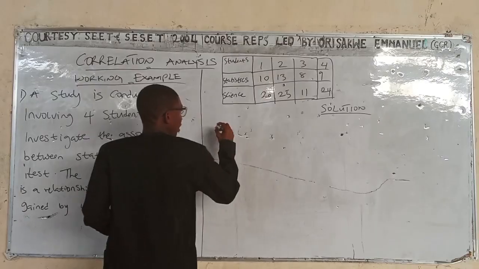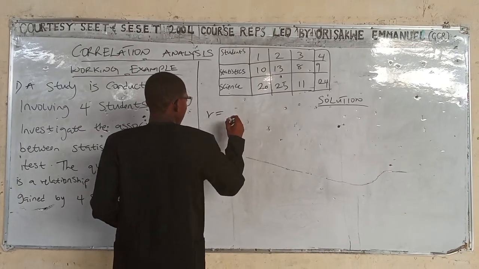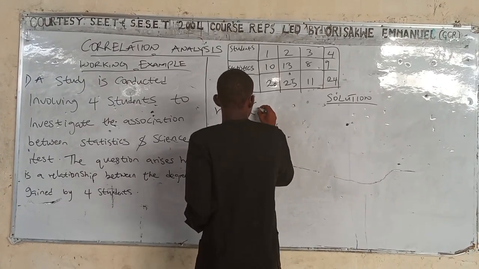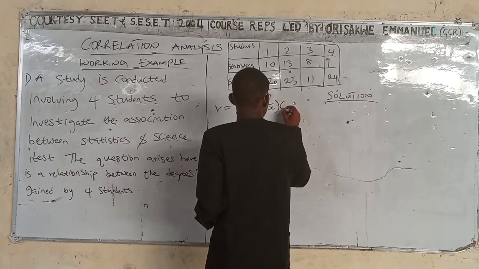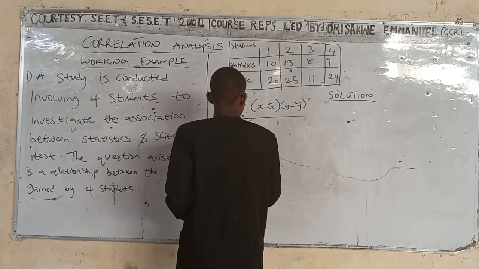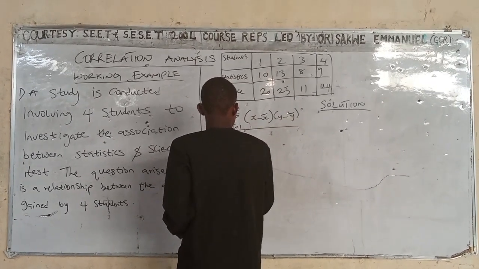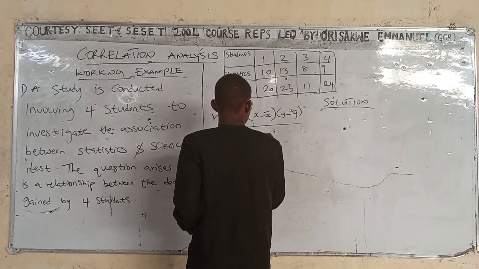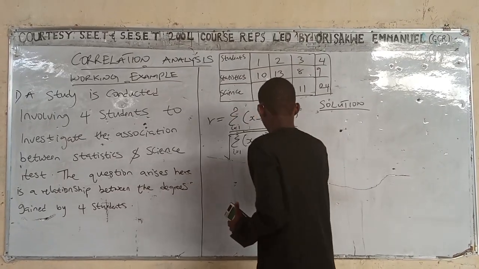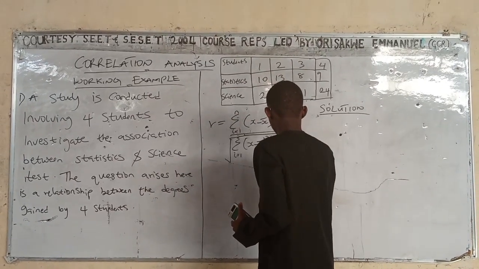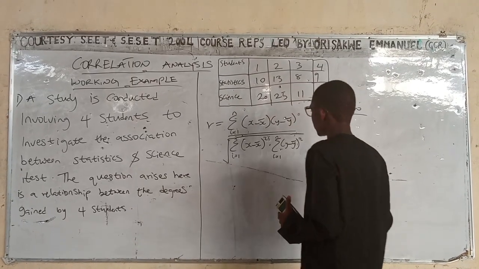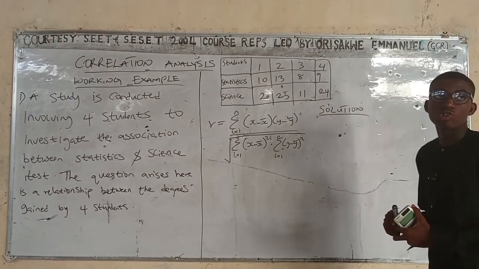And what is the formula? r equals summation of x minus x bar times y minus y bar, all over the square root of summation of x minus x bar all squared times summation of y minus y bar all squared. So this is our general formula for a Pearson's correlation coefficient.